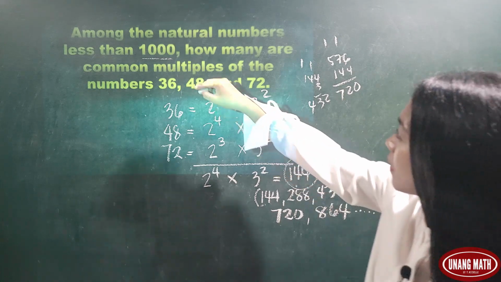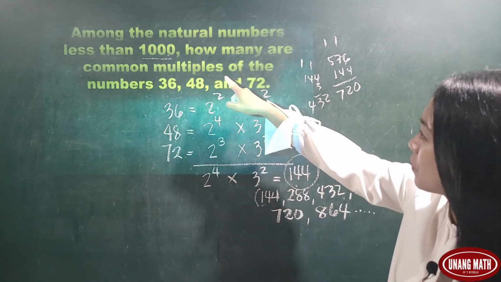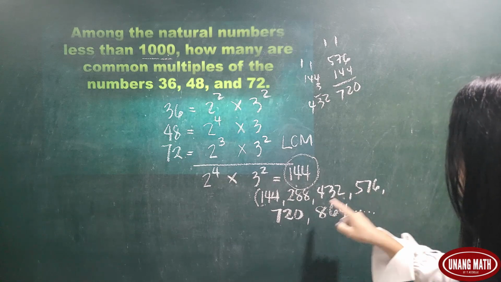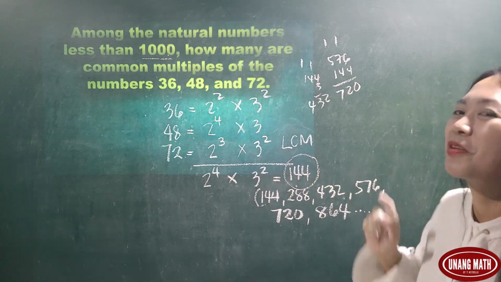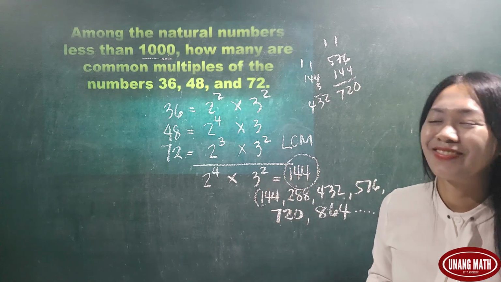The question is less than 1,000. So how many common multiples of these numbers are less than 1,000? Okay, so we have 6 common multiples, and these are those multiples.